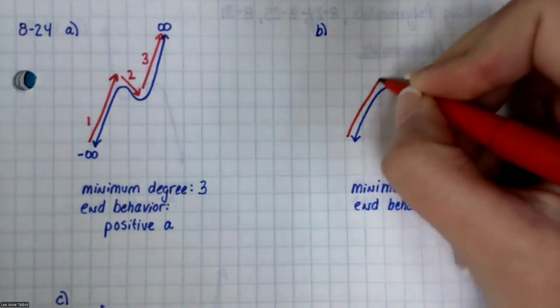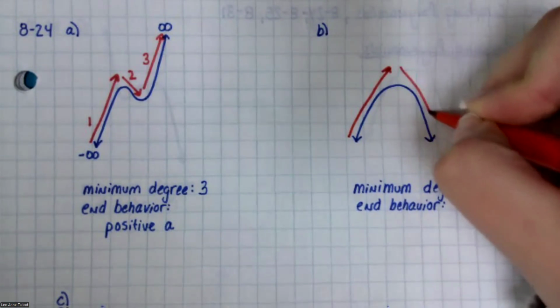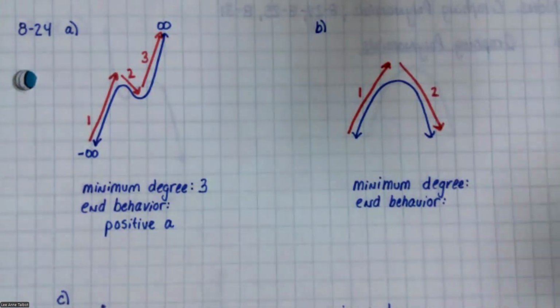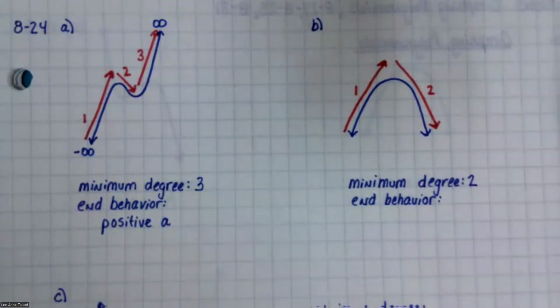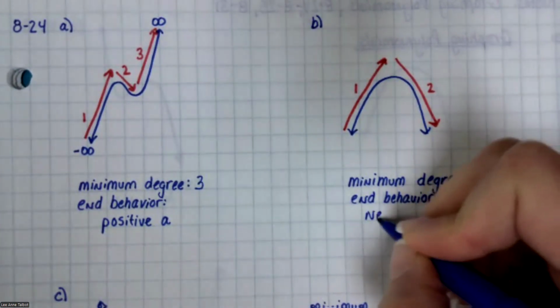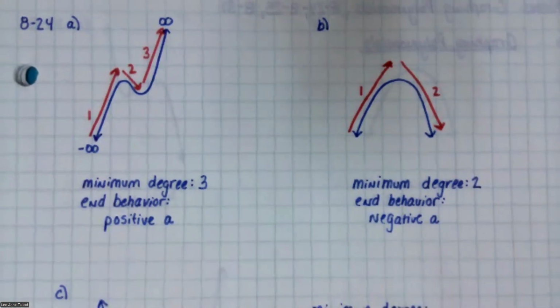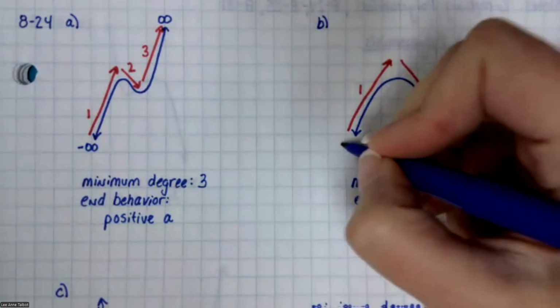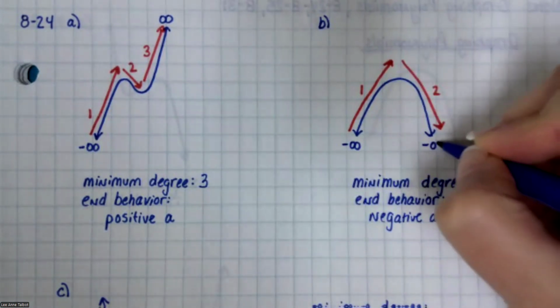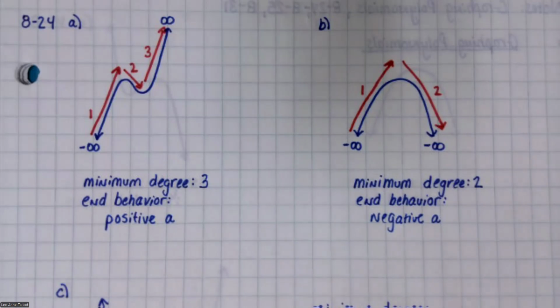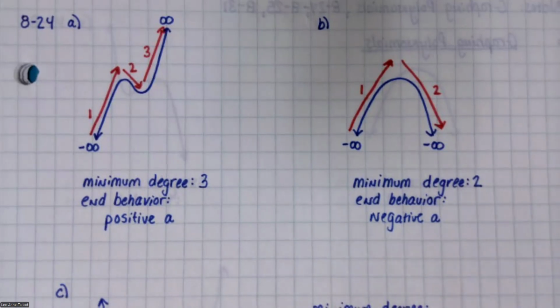So changes of direction, 1, 2, minimum degree 2, negative A. Okay, we have one more of these. It's a challenge one. I want to see if you guys can do it.